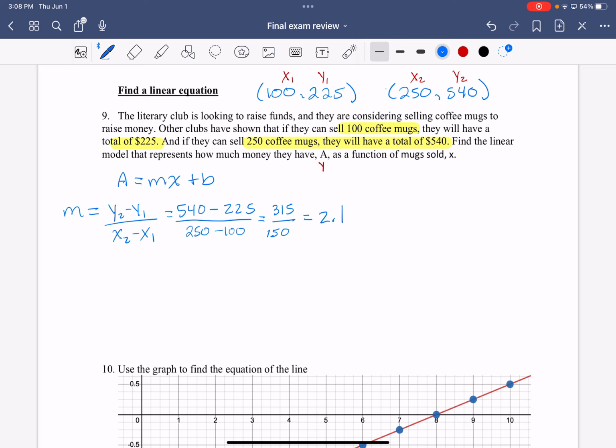Why can't it just go in order? If I was looking at it, I would assume my first Y would be 225. If you were to have done this, you get the same thing.